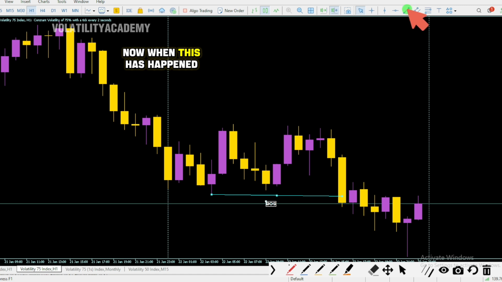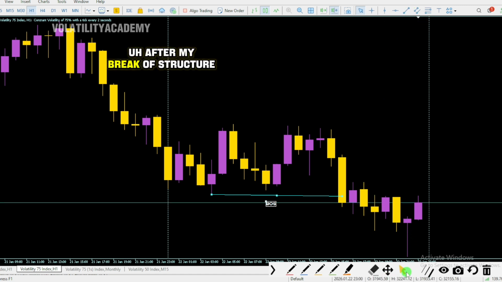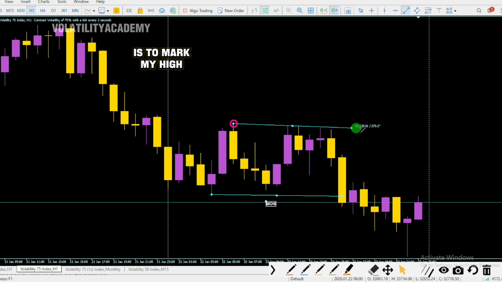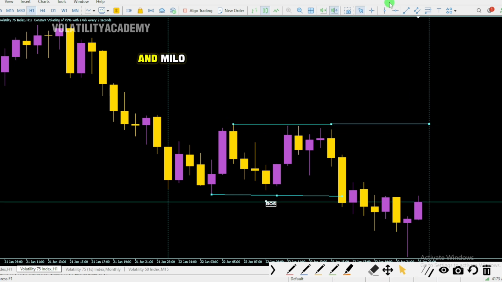Now when this has happened, the first thing I will do after my break of structure has happened, and I see that market is trying to retrace back so I can get an entry, is to mark my high and my low.